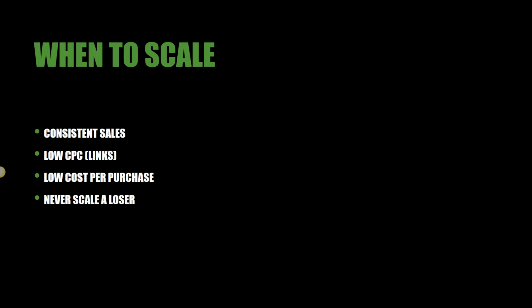You want to make sure that you're getting consistent sales on a daily basis every time you spend a certain amount of money. So let's say you're spending maybe $10 on an ad and every day it produces 2 sales. So as long as you're profitable with those 2 sales and spending $10 a day, and this is consistent for let's say 4 to 7 days in a row, then you could go ahead and scale something like that, okay?